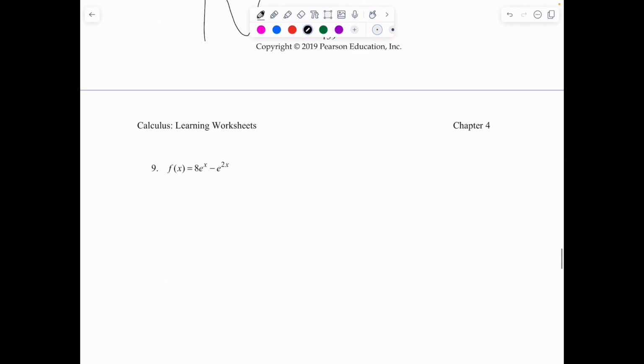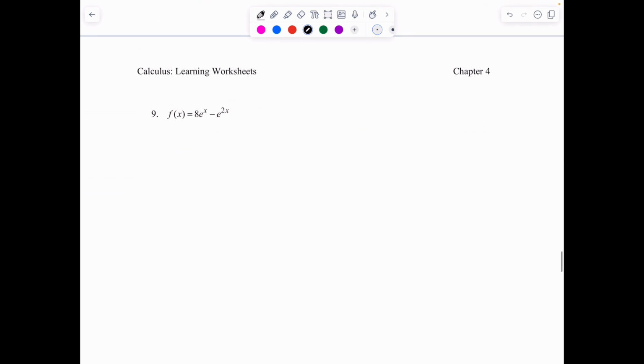Okay, one more. f of x equals 8e to the x minus e to the 2x. Step 1. Analyze our function. So what's our domain? Do we have any restrictions on what we can plug in for x?